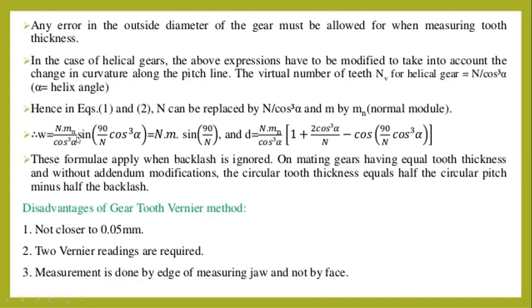And hence in equations 1 and 2, N can be replaced by N by cos cube alpha, where alpha is the helix angle, and m can be replaced by mn, that is the normal module, which is taken into account.